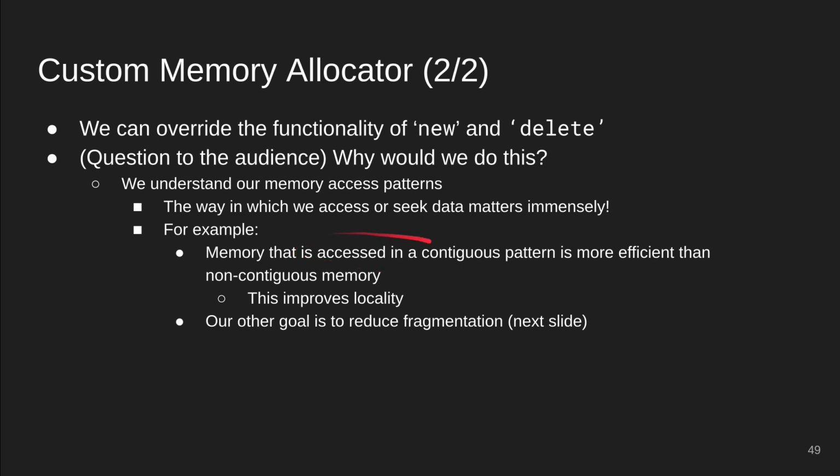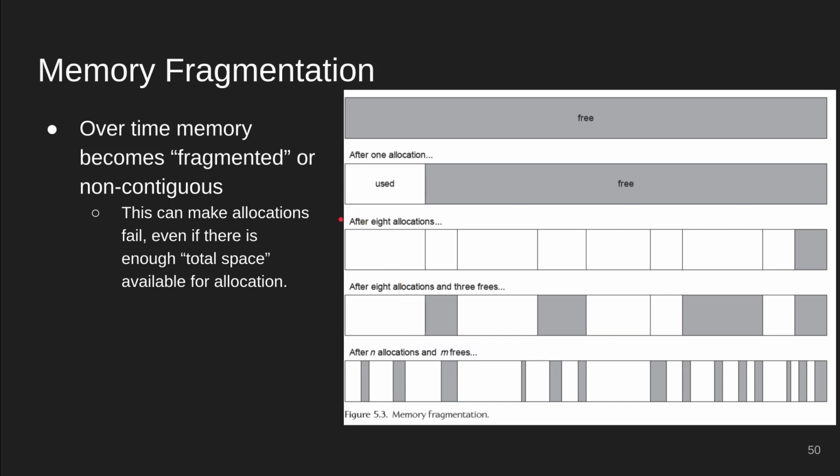And memory access patterns really, really matter in game programming: figuring out how our memory is accessed and in what subsystems memory is being used. The goal overall is to reduce fragmentation and improve caching. Let me get to this on the next few slides.